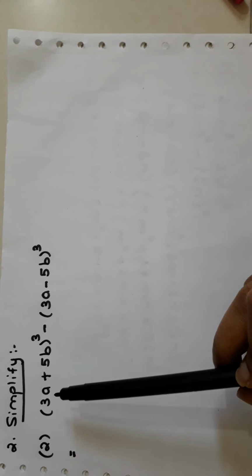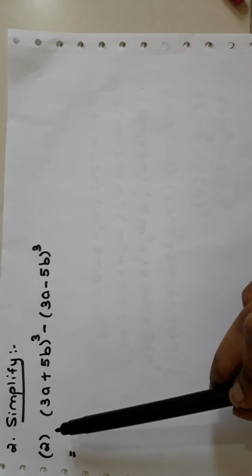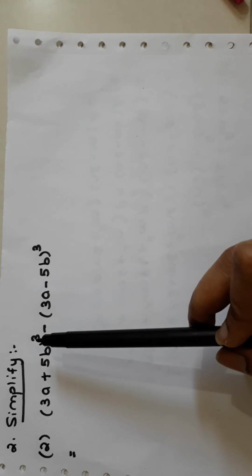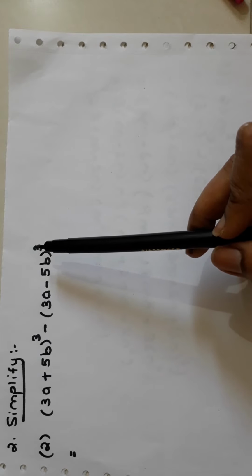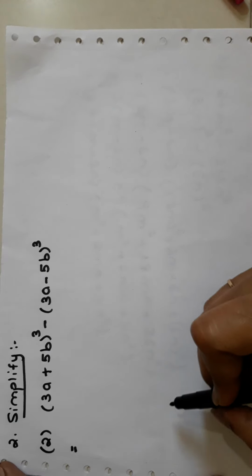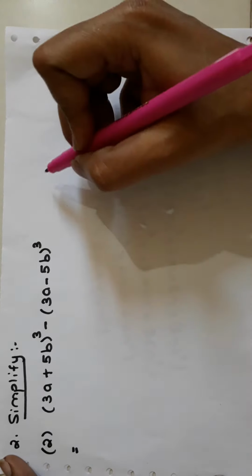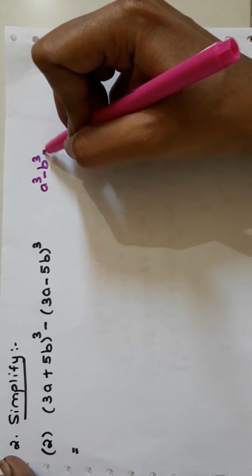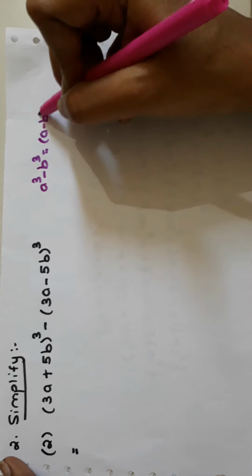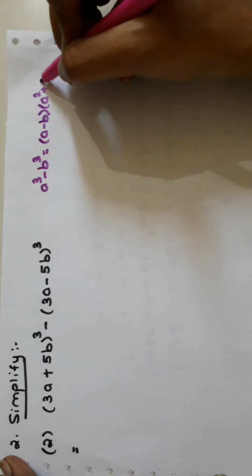Question number 2, simplify. In that, the second problem, (3a plus 5b) the whole cube minus (3a minus 5b) the whole cube. So we know the expansion formula, a cube minus b cube is (a minus b)(a square plus ab plus b square).